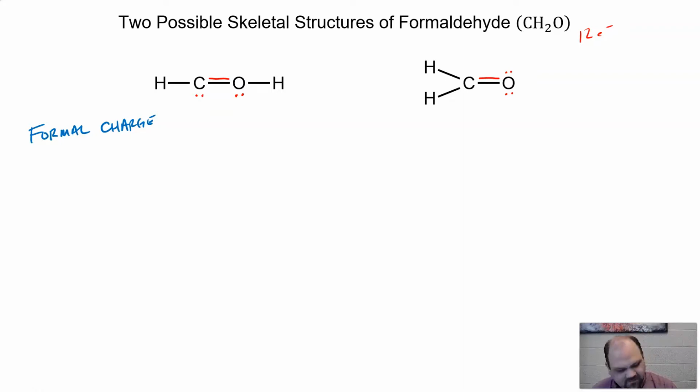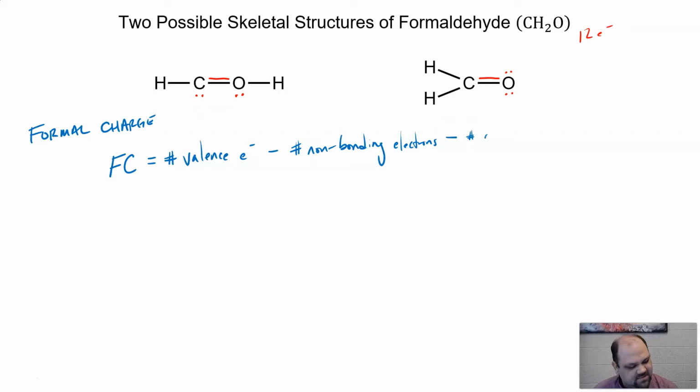And so our formula for formal charge, I'm going to make that Fc for formal charge, is equal to the number of valence electrons minus the number of non-bonding electrons minus the number of bonds.